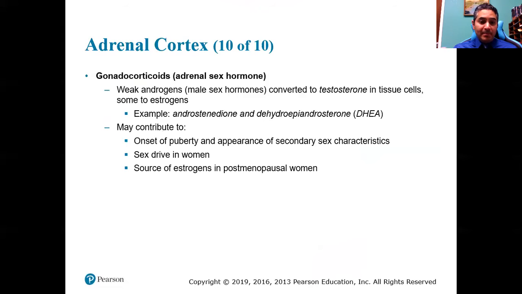So they may contribute to the onset of puberty, right? These are sex hormones. Appearance of secondary sex characteristics has been seen also in increasing sex drive in women, and is a source of estrogen in postmenopausal women.